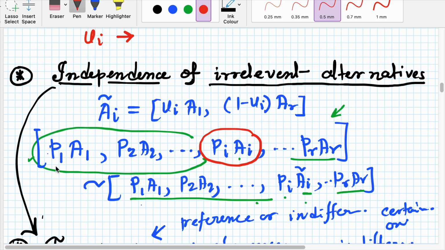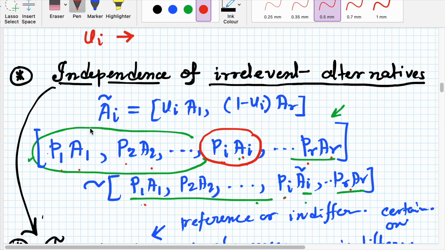If I make a lottery with probability p1 of prize a1, p2 of prize a2, similarly pi of prize ai, and pr of prize ar, and on the other side I add the similar options with similar probabilities, except that I replace ai with ai tilde, which is indifferent to ai, with pi probability.